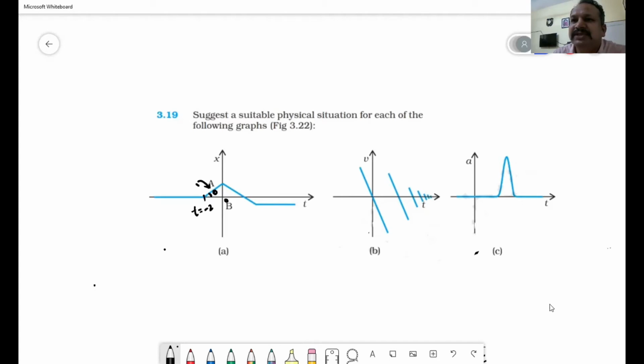Because in this situation the particle, or any object, will have a constant velocity.